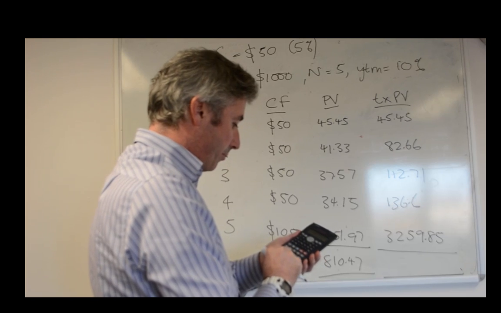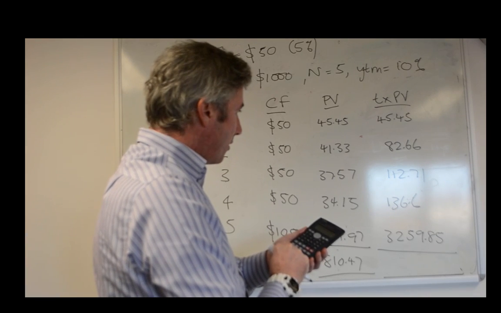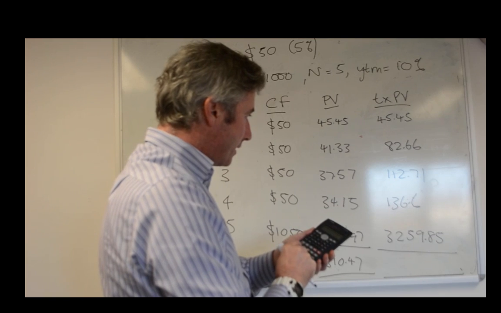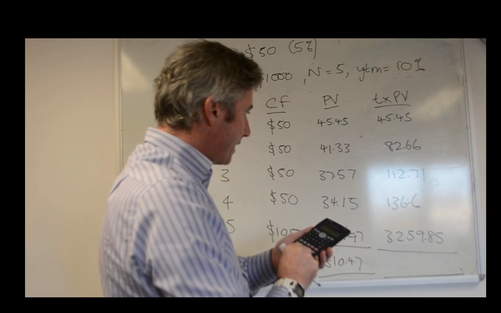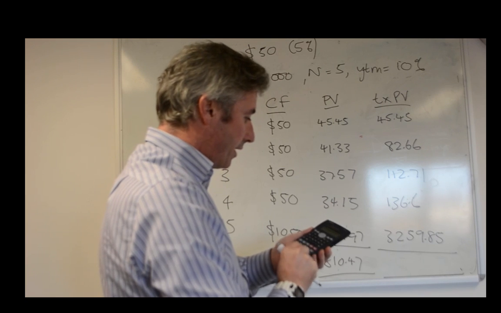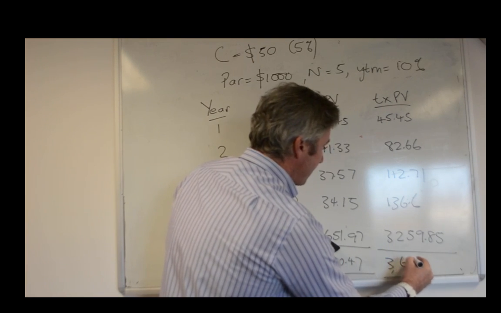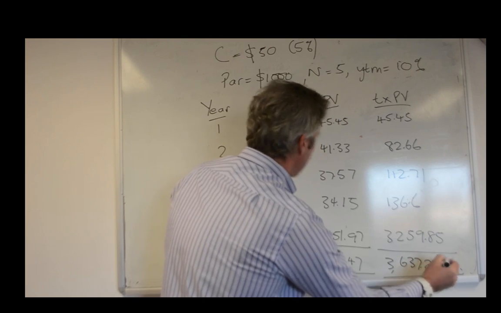So 45.45, add 82.66, add 112.71, add 136.6, add the final one, 3259.85, we get 3,637.27.